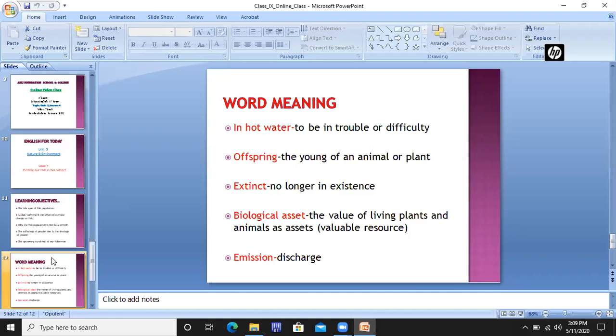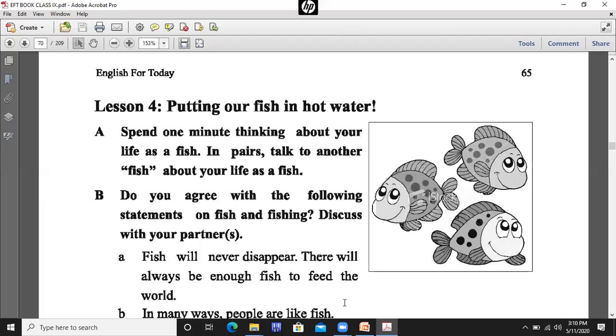Now I'm reading the text. So this is the passage. Lesson 4, Putting Our Fish in Hot Water. In hot water, here this has two meanings. One is the surface meaning and the other one is the hidden meaning.